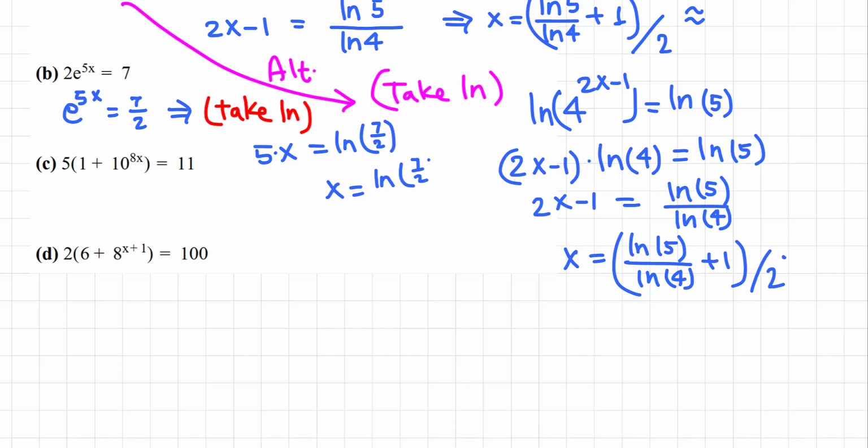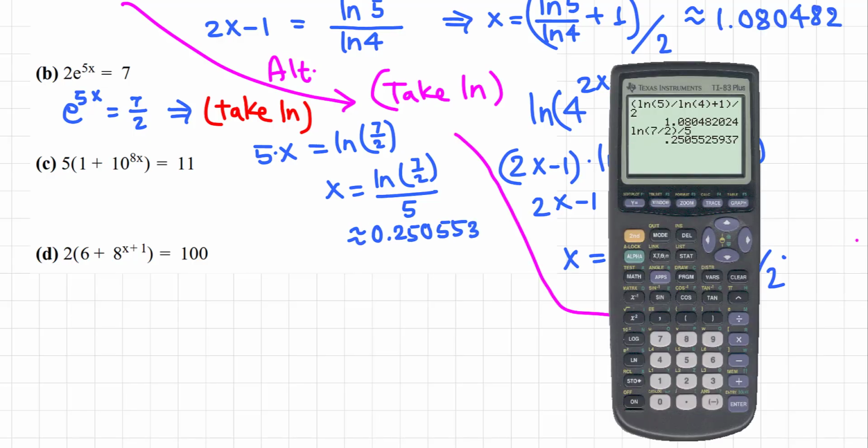Ln of 7 halves divided by 5, and we can put in decimals. So let's find the decimal approximation. For part A, we got ln 5 divided by ln 4, plus 1, and then all over 2.